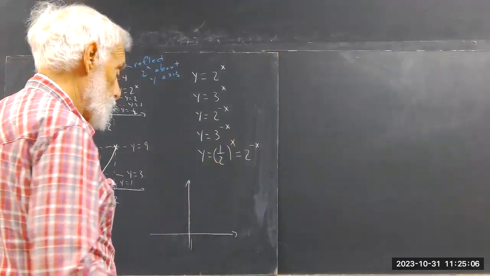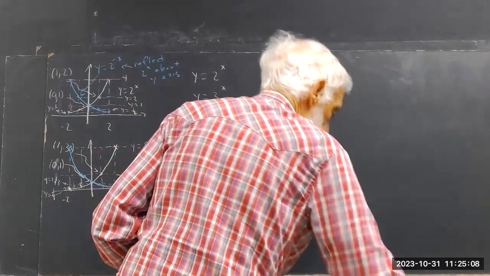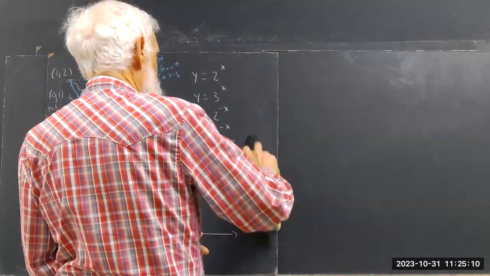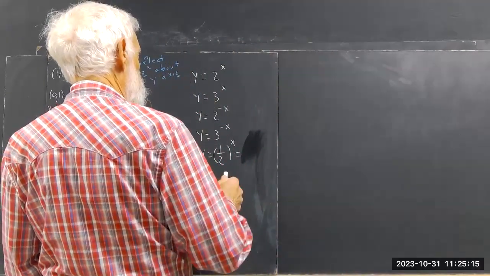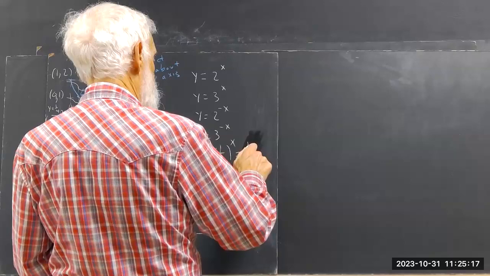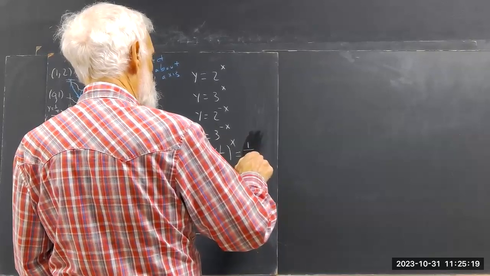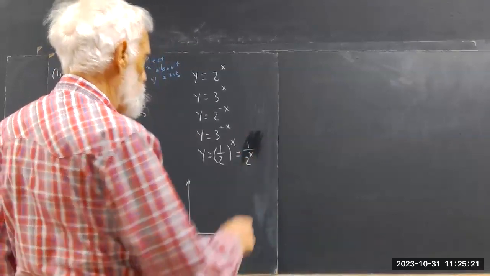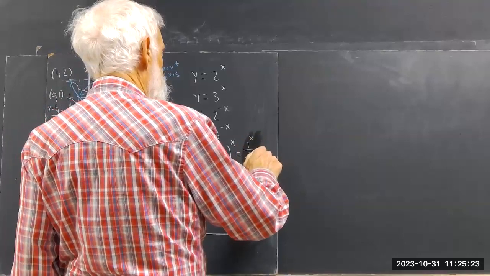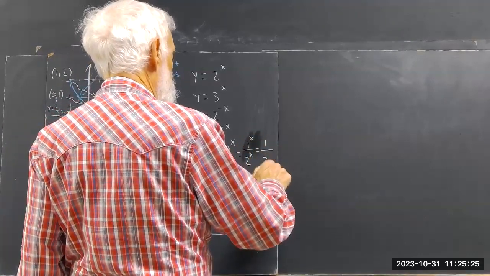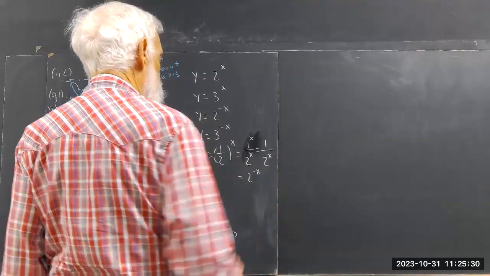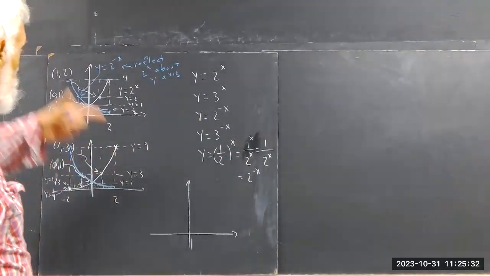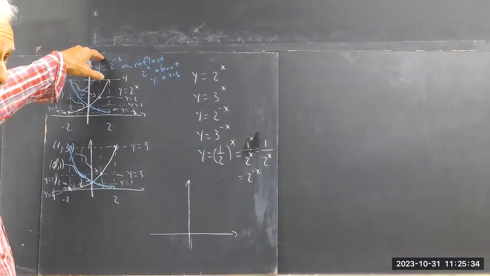And (1/2) to the x, let's make that more explicit. You look a little bit uncertain about it. Okay. That's 1 to the x over 2 to the x. 1 to any power is 1, so it's 1 over 2 to the x, which equals 2 to the negative x. I don't even really need to draw this graph. I've got it up here.